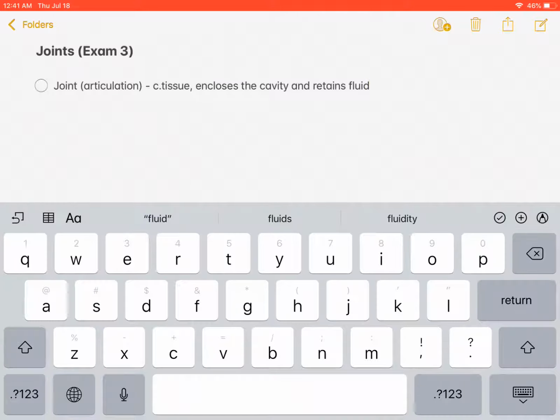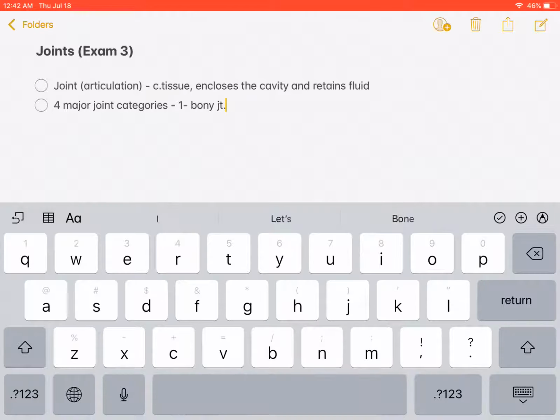And we have four major joint categories. First one, number 1, bony joint, I'm just going to put JT.